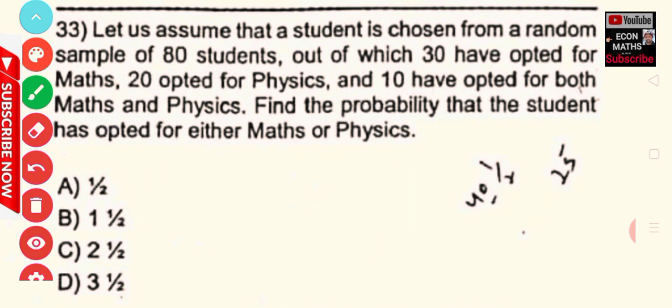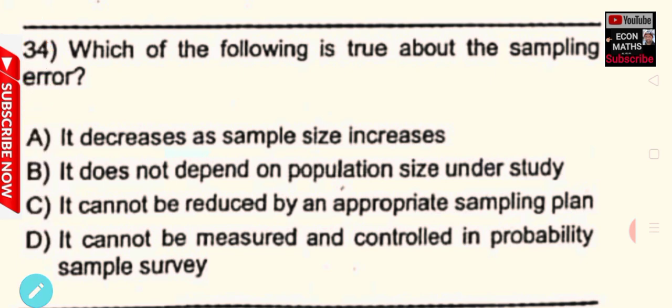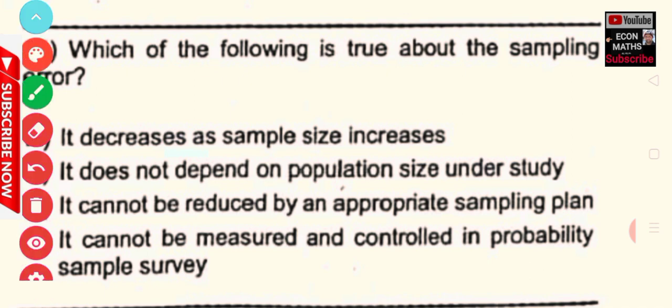Coming to the next question, which of the following is true about the sampling error? A, it decreases as sample size increases. B, it does not depend on population size and understudy. C, it can't be reduced by appropriate sampling planning. And D, it cannot be measured and controlled in the probability sample survey. The correct option, I guess, is the first one.